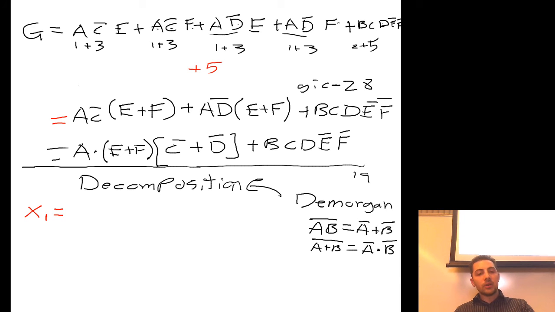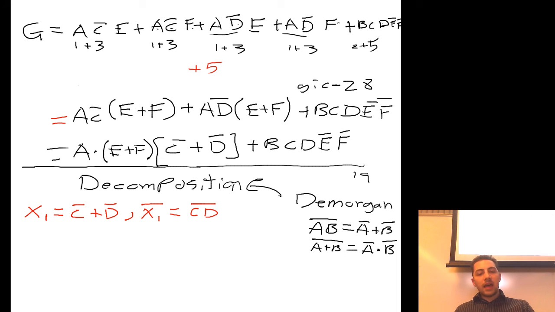X1 is going to be equal to C bar or D bar. If that's true, then X1 bar is equal to C NAND D. Everybody okay with that? All right.